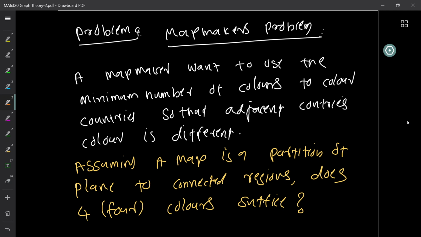The map makers generally want to reduce the number of colors that they use, and this is for several reasons. One is that a smaller number of colors, especially in the olden days, makes it much easier and less costly. But apart from that, it increases the contrast.